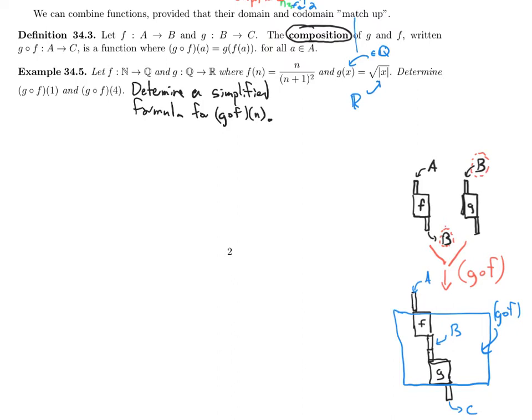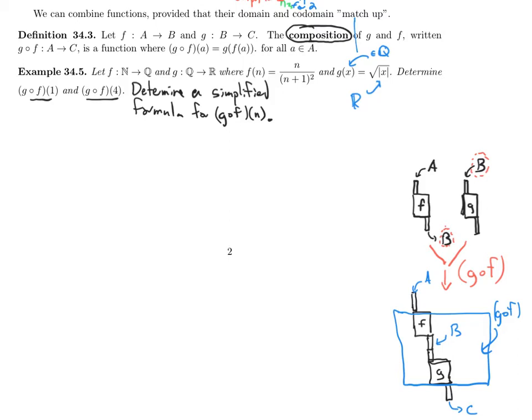Okay, so it might be a good idea to pause the video now and try this yourself, at least these two parts for sure. Remember, you're going to have to work out what F of 1 and F of 4 is first before you plug that in to G.